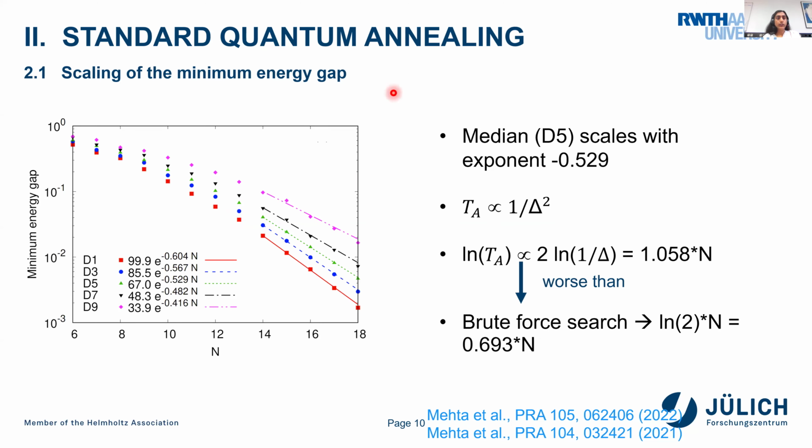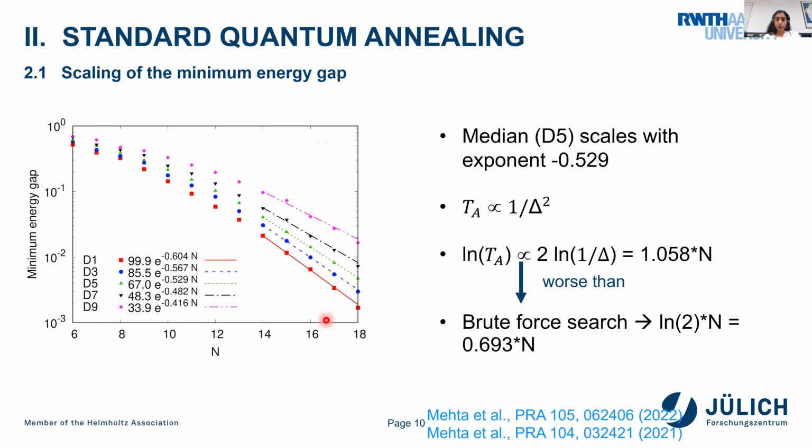Okay, this brings me to the first result for today, which is the scaling of the minimum energy gaps using standard quantum annealing. As I mentioned before, we have these sets of problems with either 100 or 1,000 problems each. What we do is compute the minimum energy gap between the ground state and the first excited state for all the problems in all the sets.